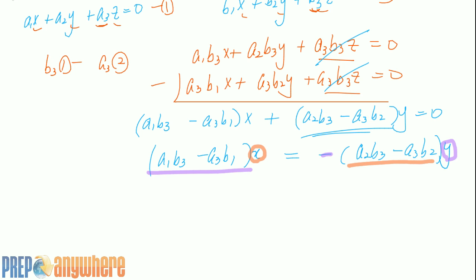So let me replace it like that. Let me replace the x with a2 b3 minus a3 b2. Let me keep the other one the same. And then the minus y, I let it be this.